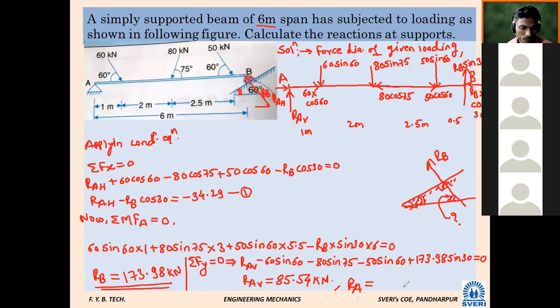How much? 144.43 kilonewton is the answer. So are you confident to solve problems on beam?